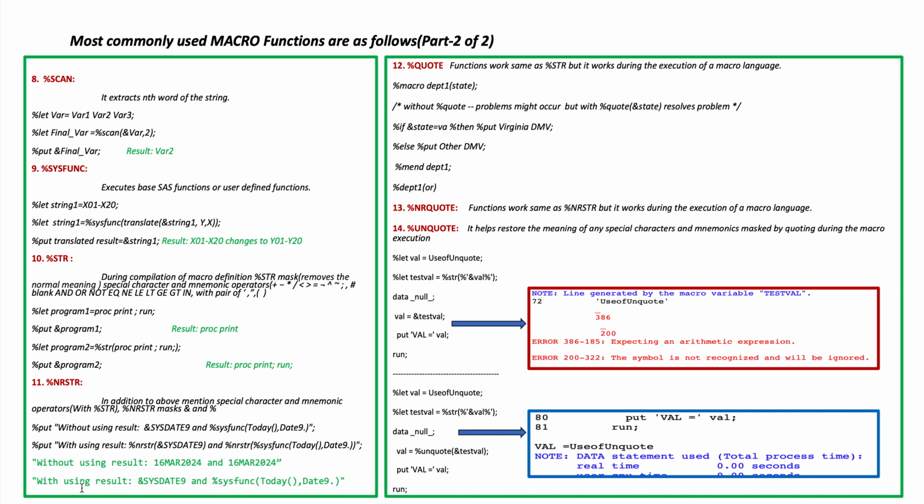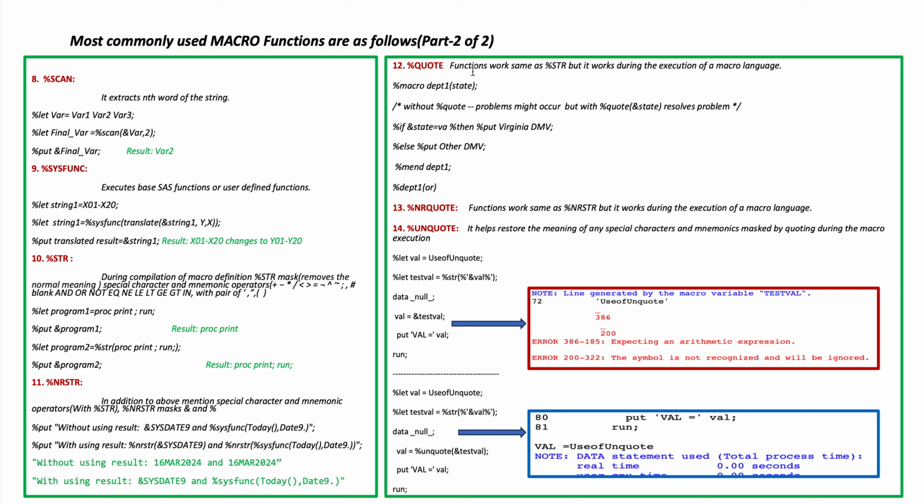With using %NRSTR, it doesn't resolve the date, because the normal meaning of the ampersand is removed here. That means the ampersand is treated only as a character in this case. That's why it doesn't resolve the date. Same as here, %SYSFUNC.